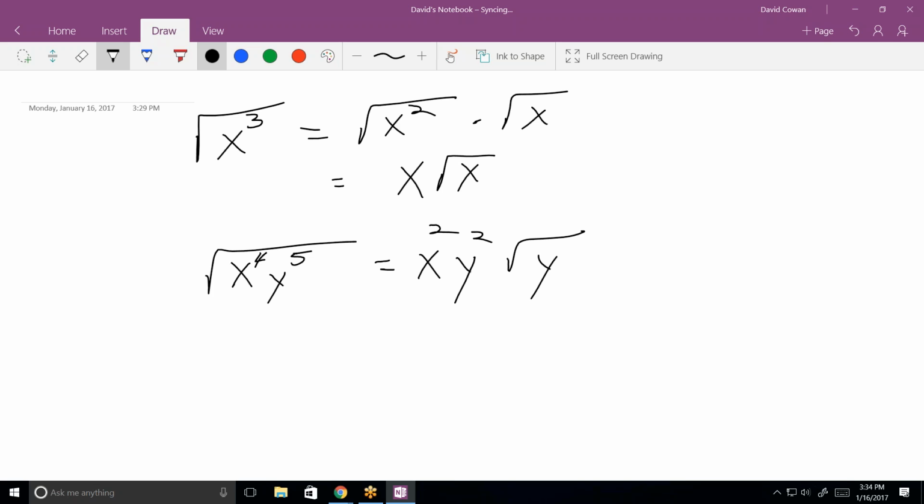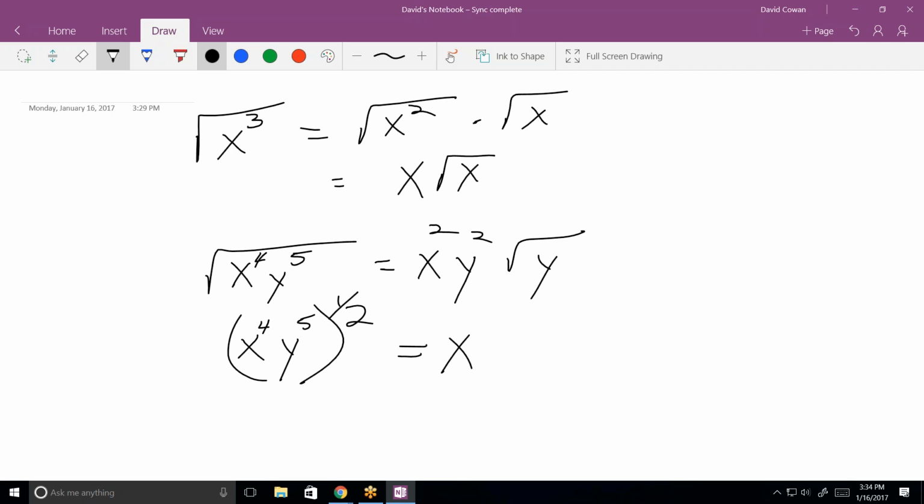Perhaps the best way to do all of these is to use fractional exponents. For example, if I do this, now you multiply exponents, right?